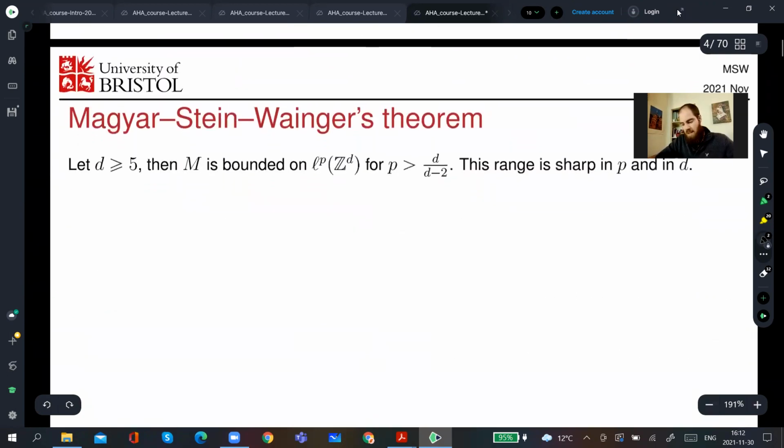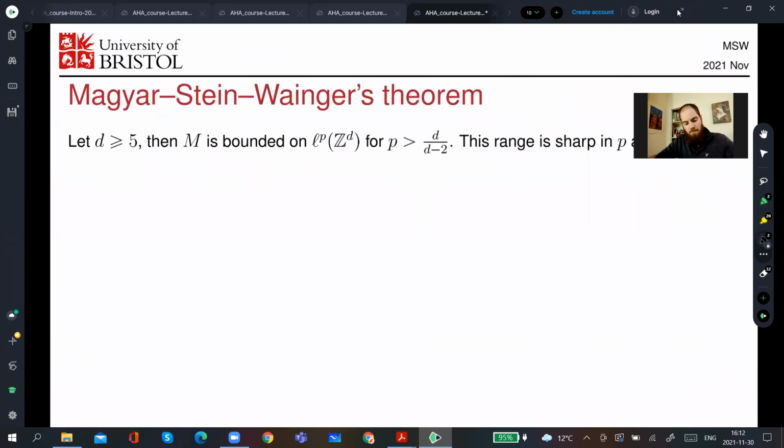Great. And the Magyar Stein Wainger theorem was that this maximal function is a bounded operator on L^p of Z^d to itself when you have 5 or more dimensions, and this Lebesgue exponent p is greater than the dimension over dimension minus 2.